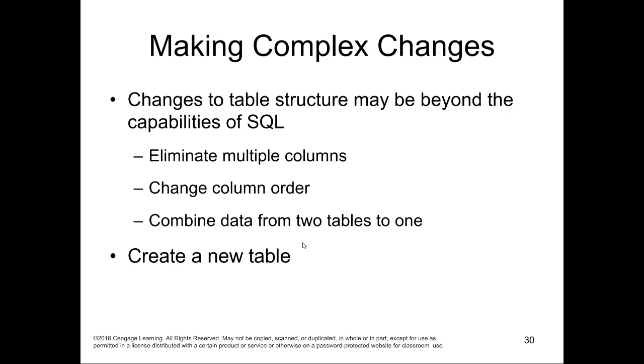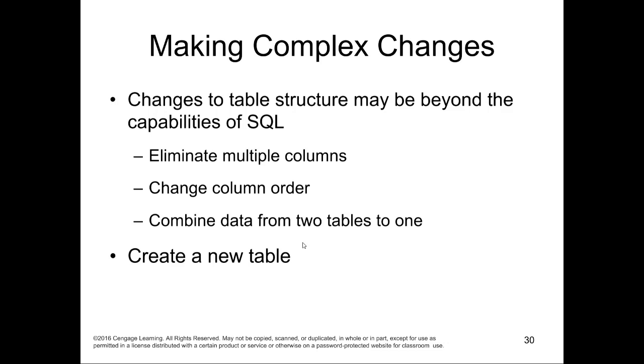Out of the gate, there are some things you just can't do. You might not be able to eliminate multiple columns. You're not going to be able to change the order of columns, and you can't really combine data from two tables into one. There's a way to do that, sort of, but it's not a lot of fun.